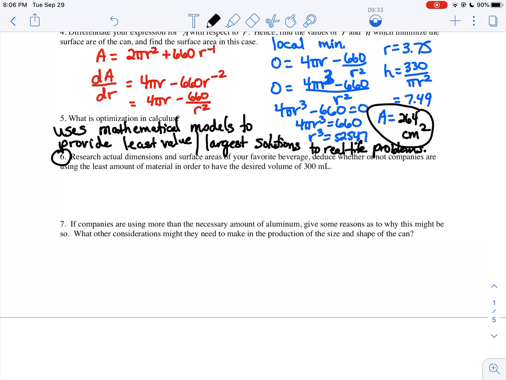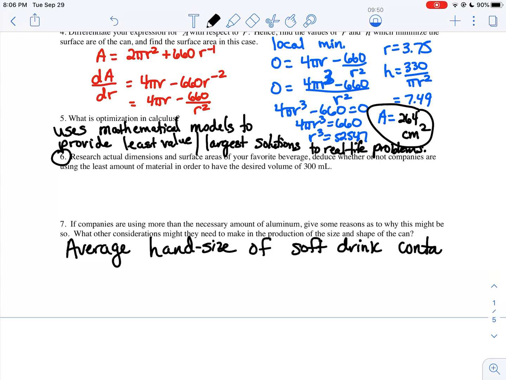So sometimes you might consider the average hand size of soft drink containers. Like, is it children? Is it adults? Maybe you want to consider the stacking size of shelves in a store.